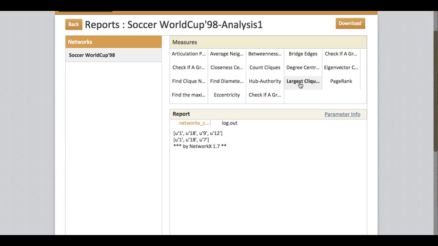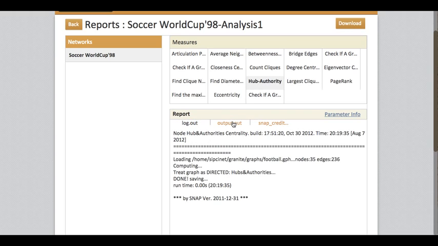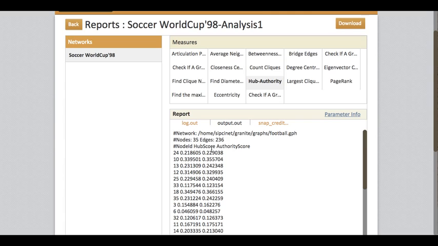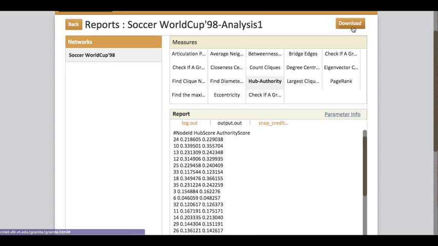So determine the authority and hub scores as well as the page rank scores of the vertices in my network. Are the vertices with the top 5 authority scores or hub scores the same as the vertices with the top 5 page rank scores? So authority and hub. Hub score and authority score. I will have to sort this in Excel.